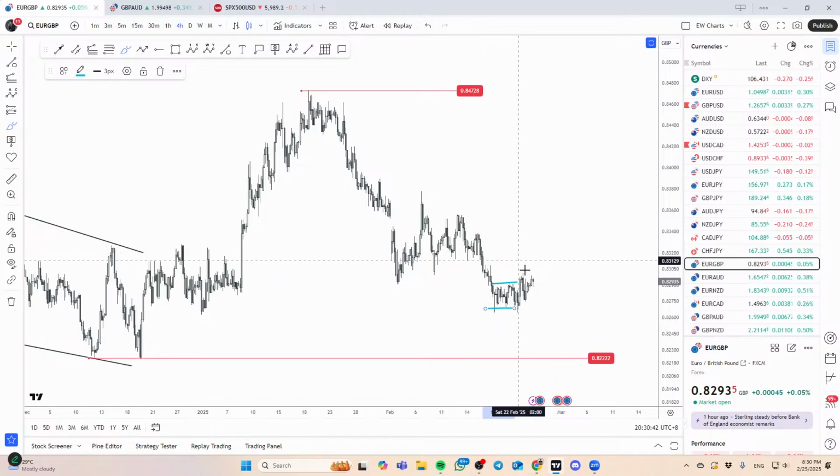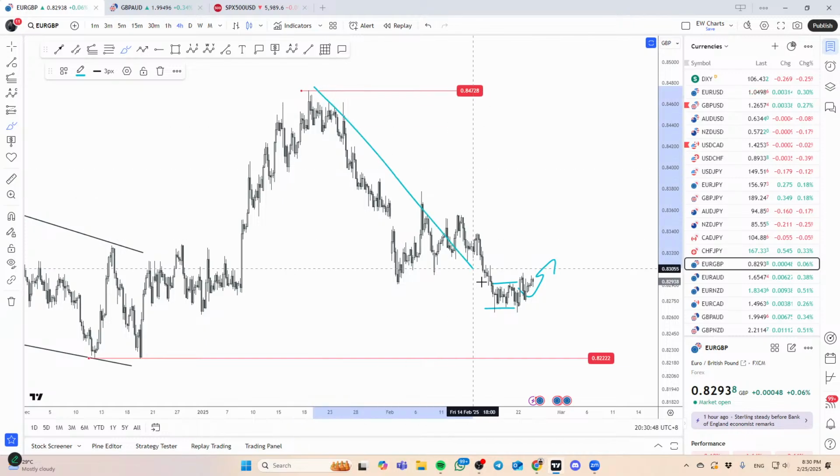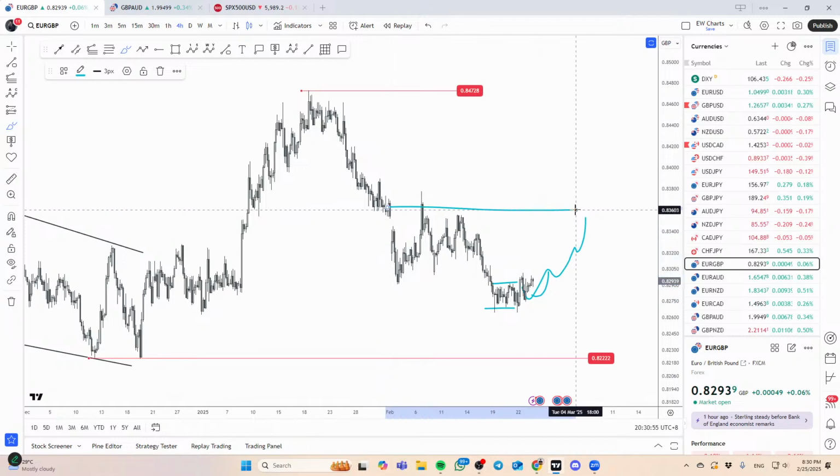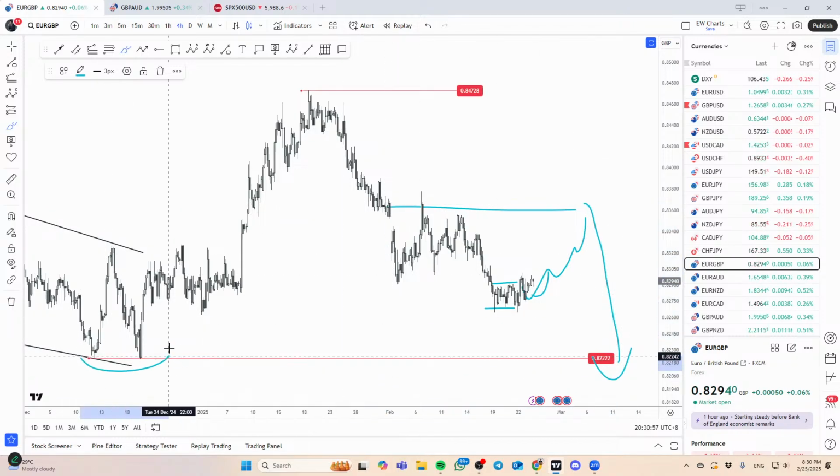The question is more like, is this a U-turn where this pullback is completed, or is this U-turn just going to be a correction for another leg down to retest the low, right?